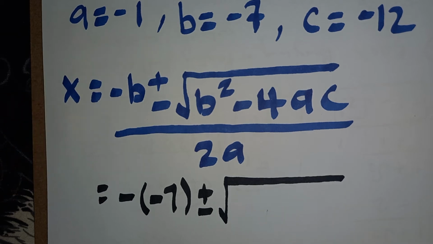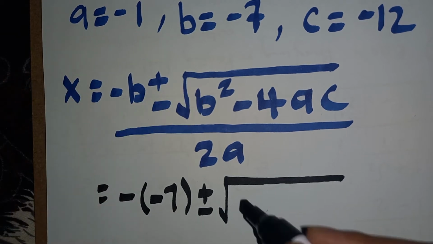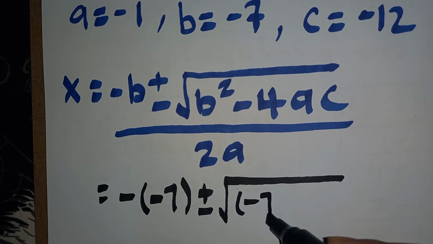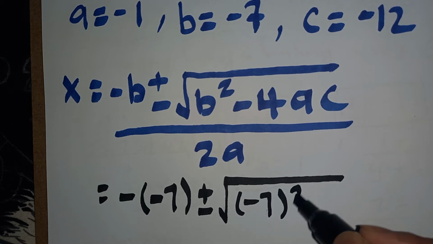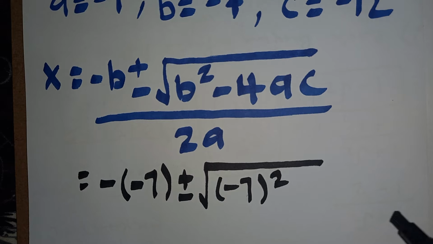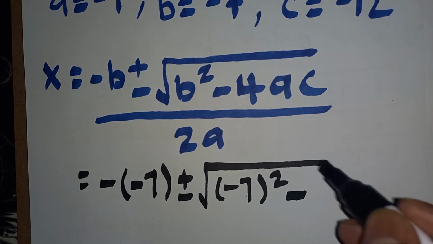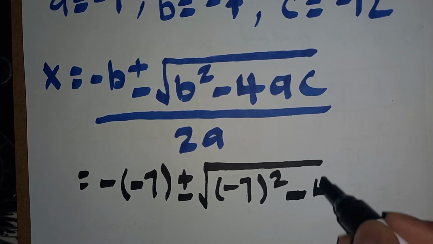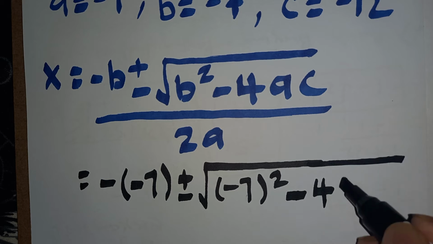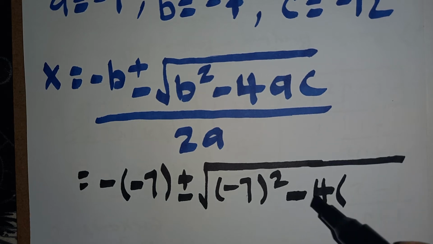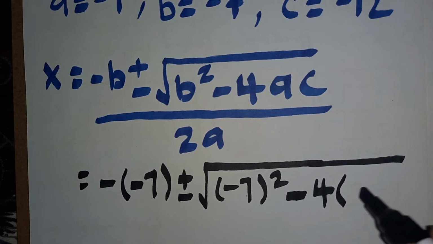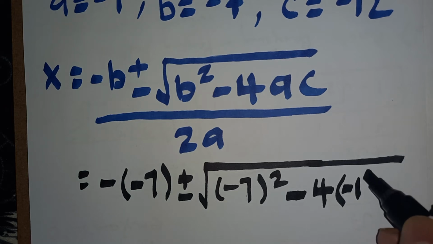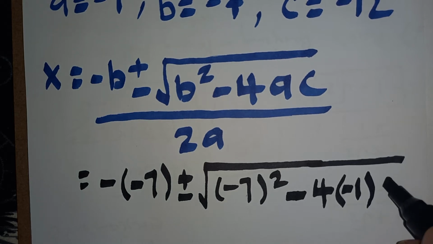So square root of b, so b is negative 7, and then we have to square that, and then we have a minus sign there, and then we have 4, and then we plug in the value of a. The value of a is negative 1, so negative 1 will go there, and the value of c will be, of course, negative 12.